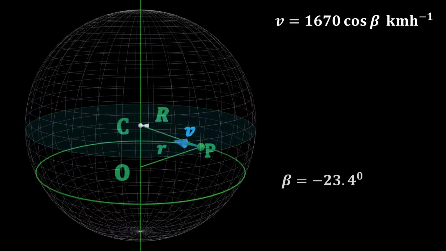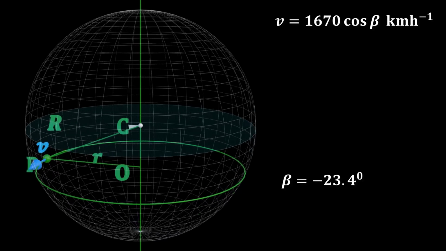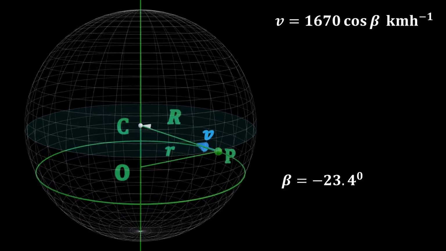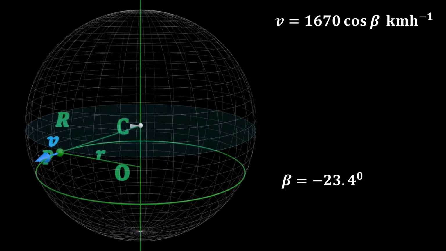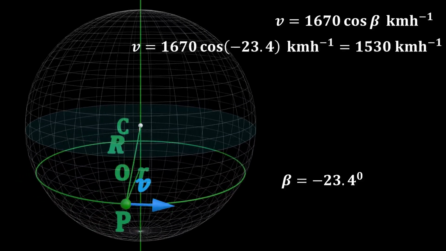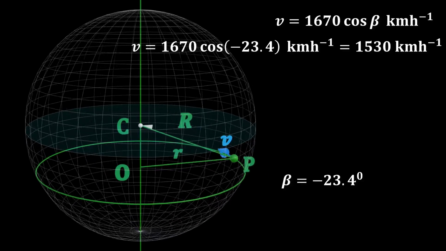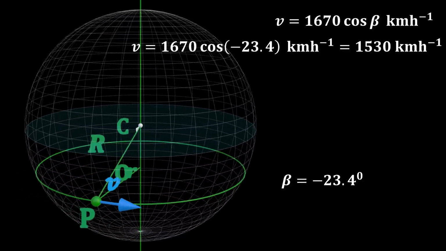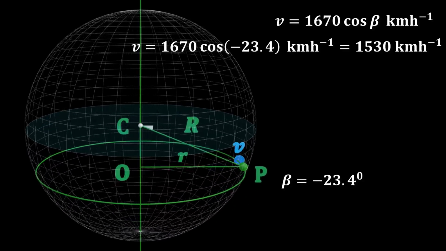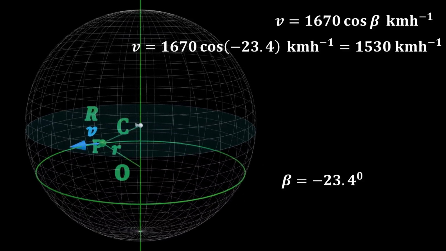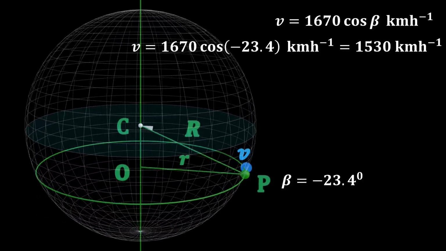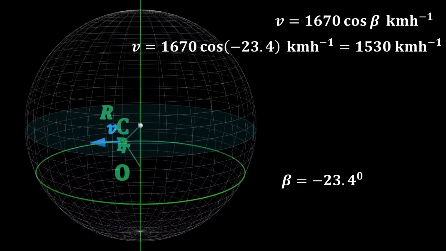For beta equals minus 23.4 degrees, which corresponds to the Tropic of Capricorn, we have V equals 1,670 cos of minus 23.4, and this is in kilometers per hour, and we should get 1,530 kilometers per hour to 3 significant figures.